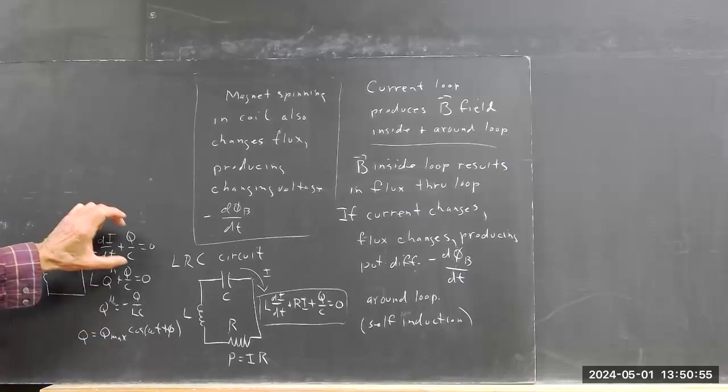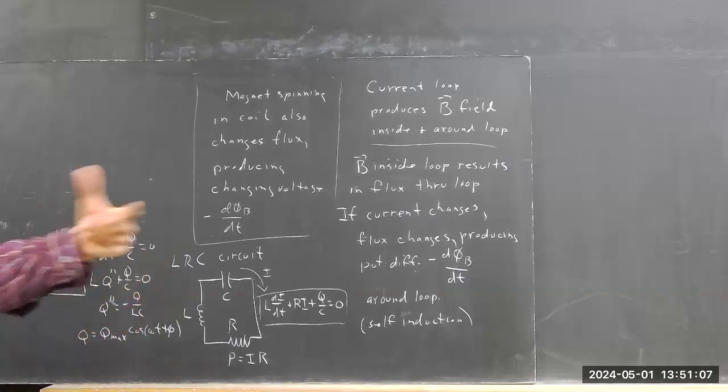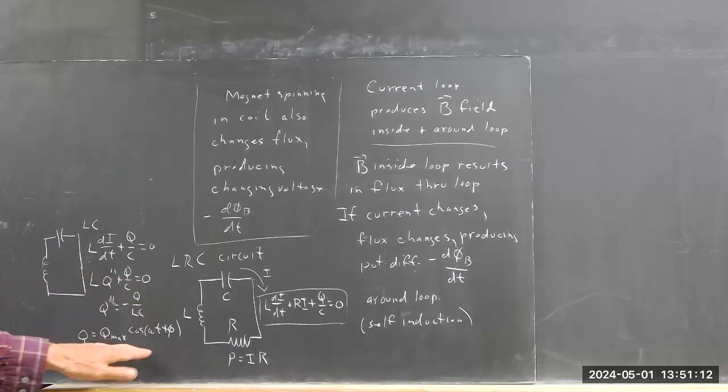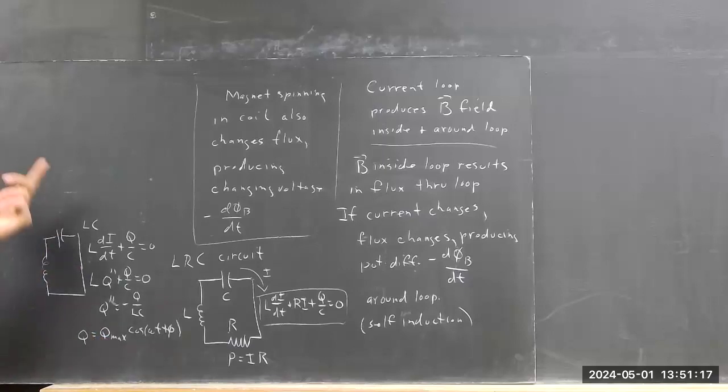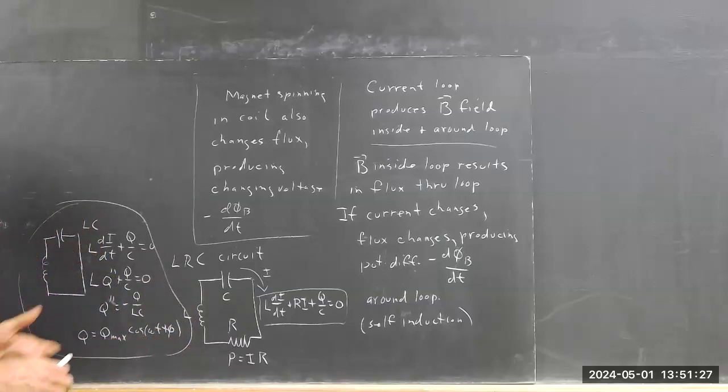So this is like your restoring force constant here, Q over LC. 1 over LC is your restoring force constant. Q is like your position. Just like X double prime equals negative KX, which leads to the oscillatory solution, except it's not a Q anymore, it's an X. Hopefully you remember that. Hopefully you review that, make sure you understand that in your differential equations course. It's very basic, very fundamental.